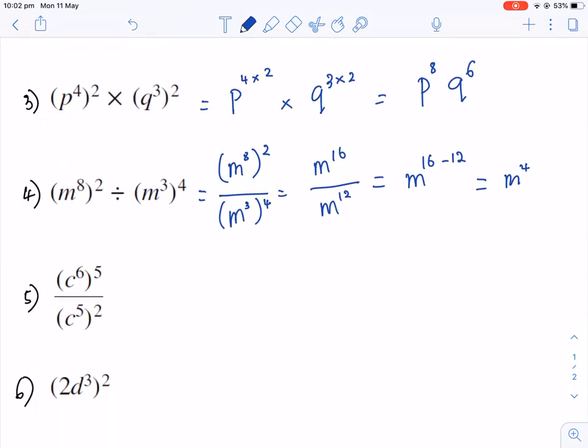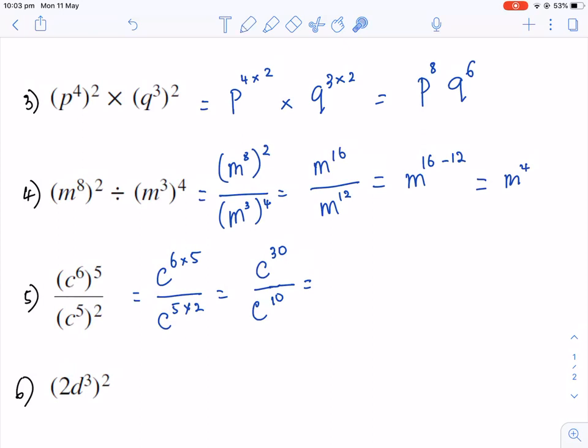Question 5 is already in fraction form for you. So what we do now, we use the fourth index law. It will equal c to the power of 6 times 5 over c to the power of 5 times 2. And I will have c to the power of 30 divided by c to the power of 10.